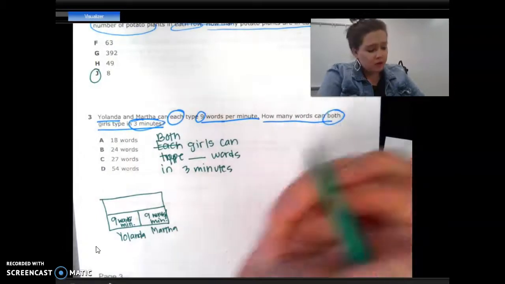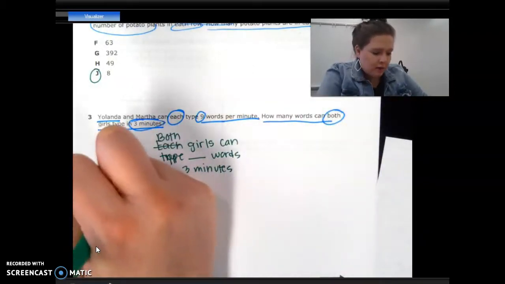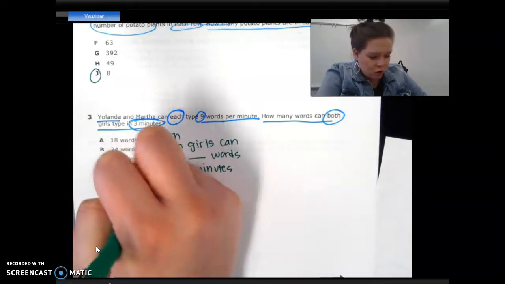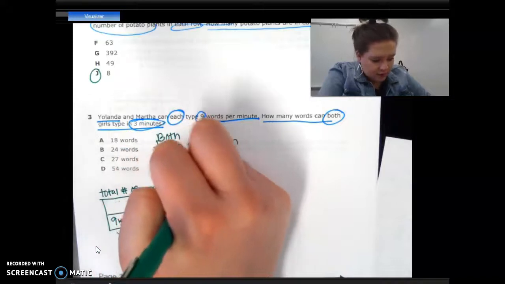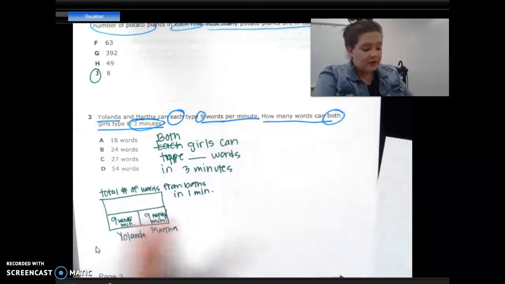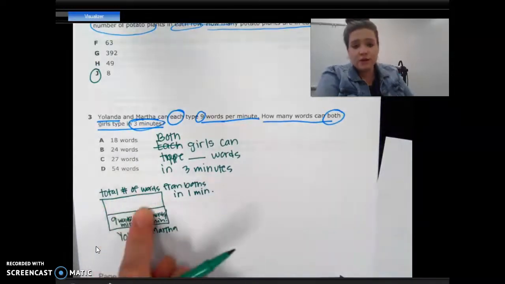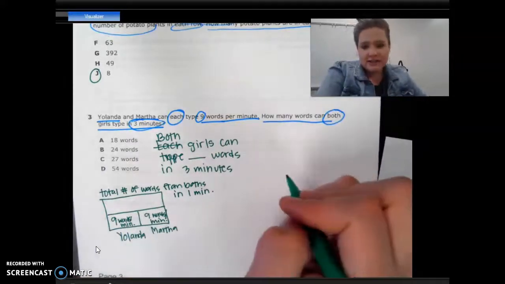Good. My total is going to tell me total number of words from both girls in 1 minute. So this right here is going to give me the total number of words that both girls can type in 1 minute. So what operation is this?